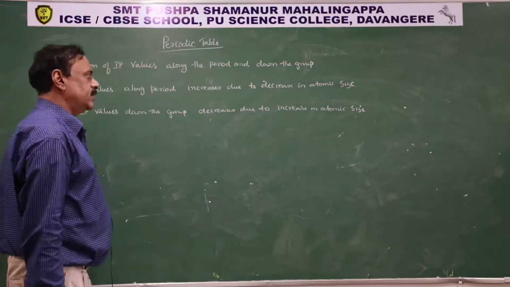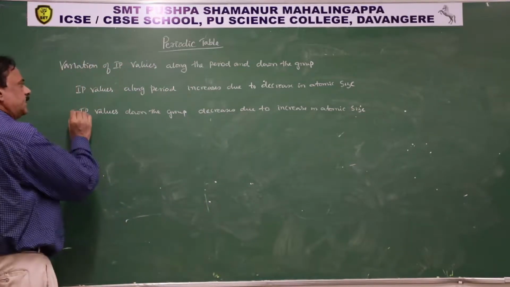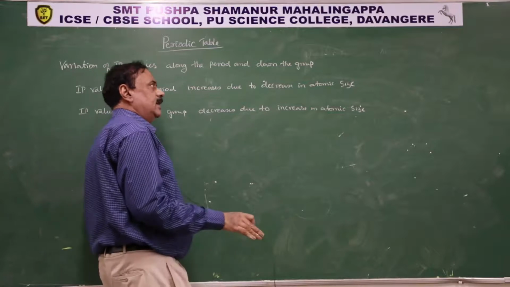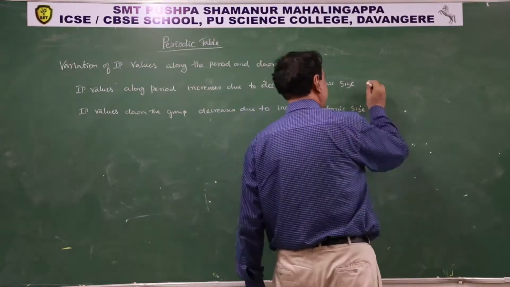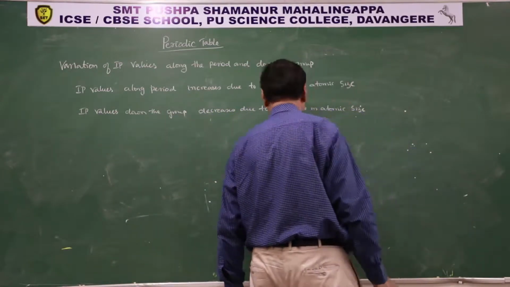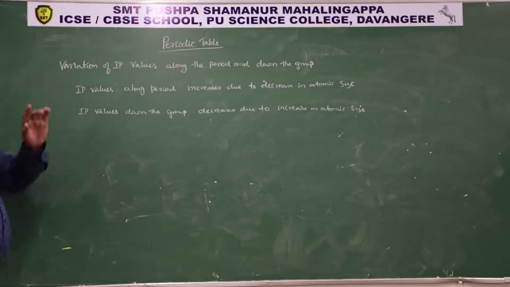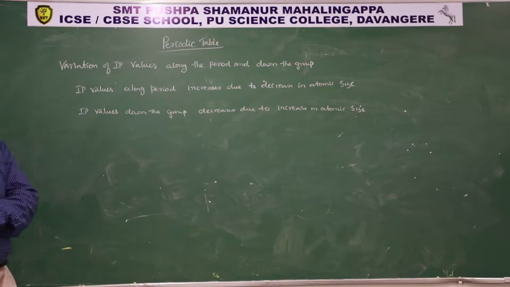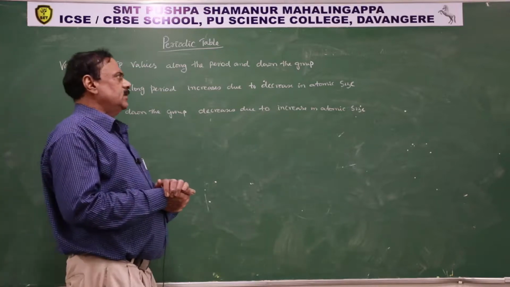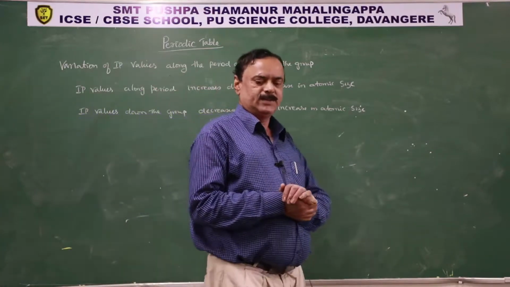That is why they are non-metals. The higher the IP value, the more non-metallic nature predominates. The lower the IP value, the more metallic nature predominates. Is it clear? This is about the ionization potential trend along the period and down the group. Now this is about the periodic properties of the elements.